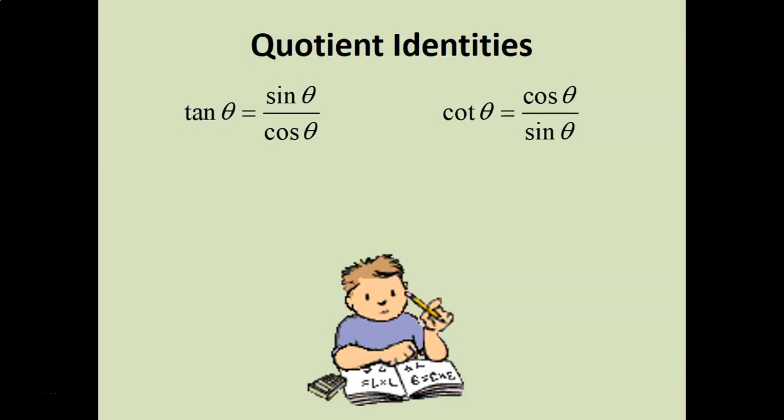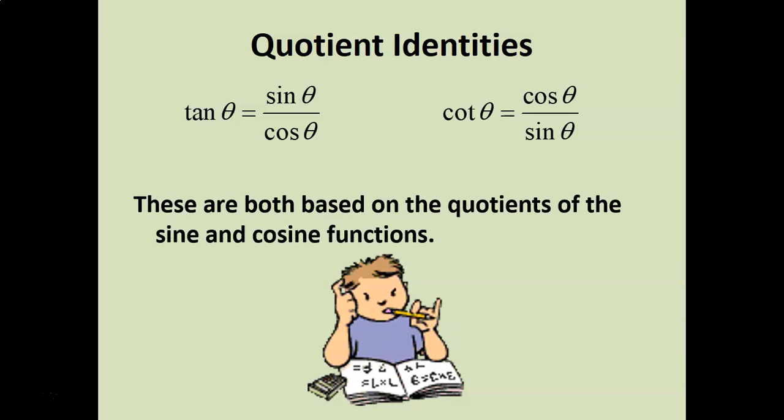And again, these are based off of quotients of the sine and cosine functions. When we say quotient, we mean dividing: sine divided by cosine, or cosine divided by sine. The reason we're doing this is that when we work with multiple functions together, a lot of times we might have a bunch of different ideas going on, and we want to convert them all to be in the form of sines and cosines.